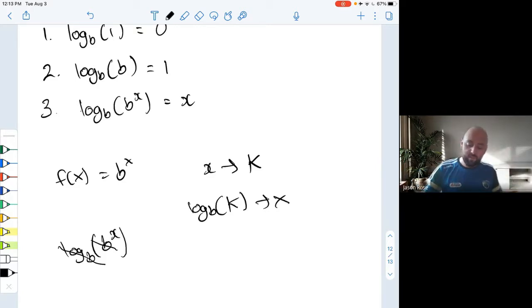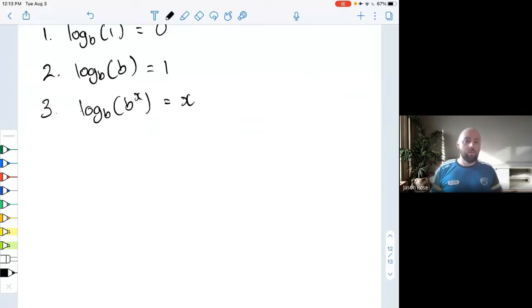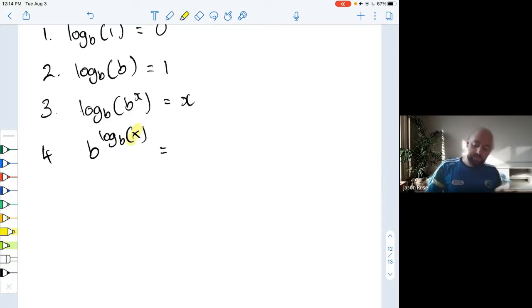So there's multiple ways to think about these. I'm just going to make some space here again. And likewise, the other way around. If we have b to the power of log to the base b of x, well, we started with x. Log to the base b of x changed x into something unknown.